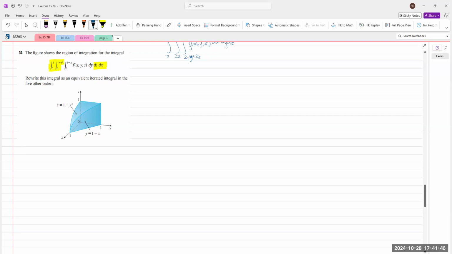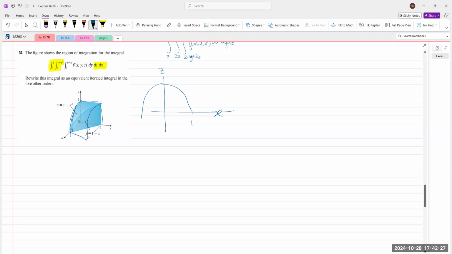So when I try to sketch that, just try to confirm that that's the graph. My x is from 0 to 1, and my z will be from 0 to 1 minus x squared. So it's supposed to look like this, but we just take the first quadrant. This is the x, that's the y. So you see the xz gives us this plane, so it's supposed to look like this plane originally.